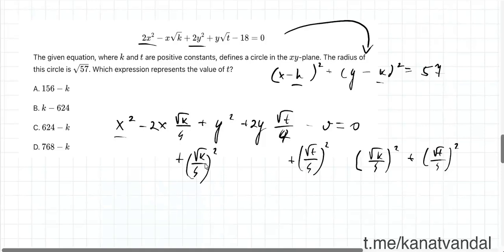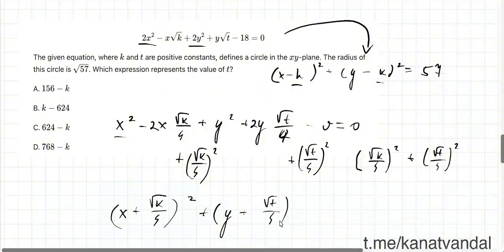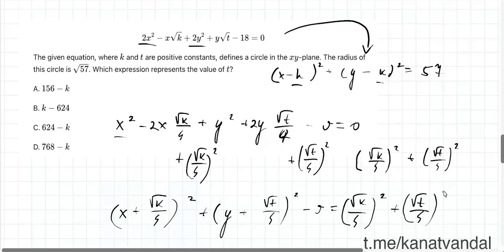This is the formula a squared plus 2ab plus b squared. I hope you agree with me, and therefore I can rewrite it as x plus square root of k over 4 squared plus, doing the same with the y, y plus square root of t over 4 squared minus 9 is equal to square root of k over 4 squared plus square root of t over 4 squared.